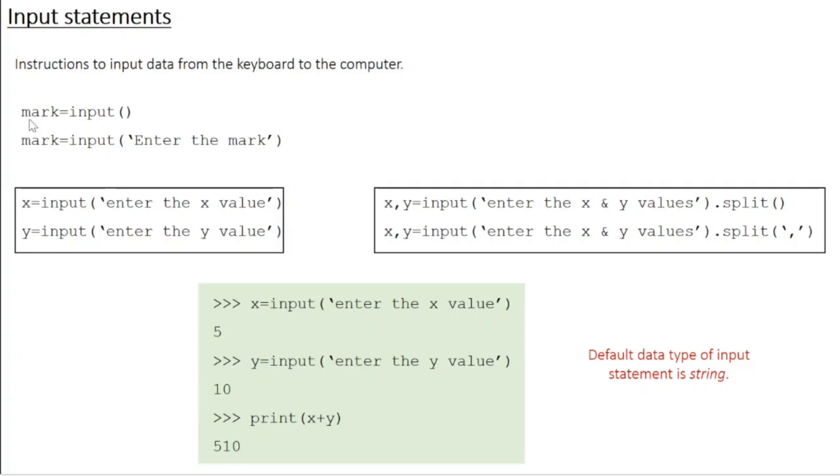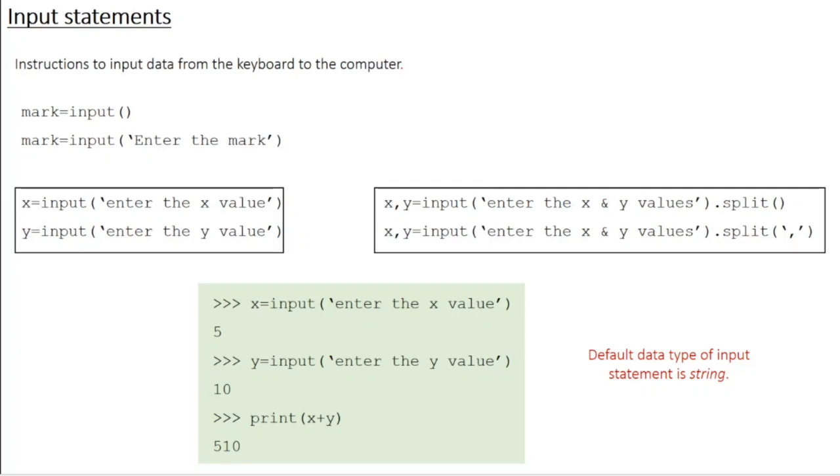So suppose you want to define a variable known as mark, and you want to assign it a value using your keyboard. So you simply write mark equal to input a pair of brackets. So here what happens, the cursor will blink and it prompts the user to enter a value.